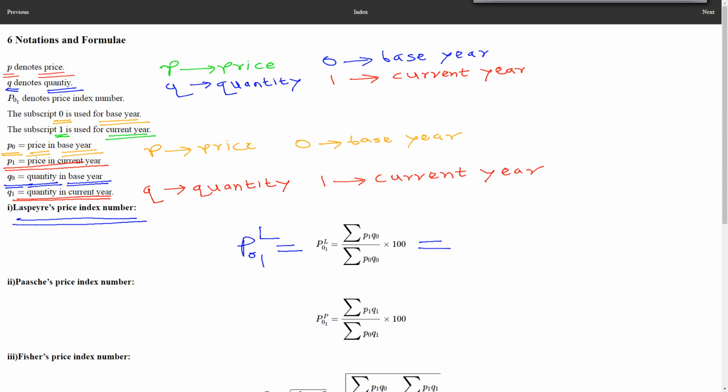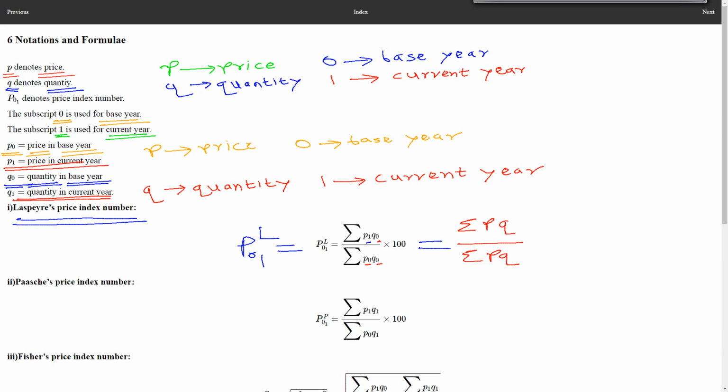I can share a trick to remember this formula. Note that the only subscript which is 1 is the price in the numerator. All other subscripts are 0. So you can remember the formula in this way: summation PQ upon summation PQ.